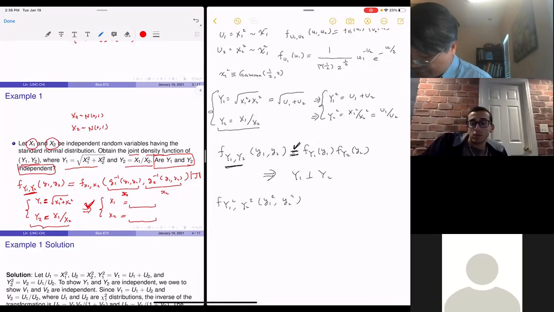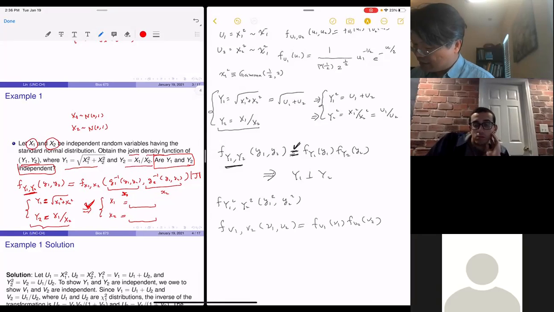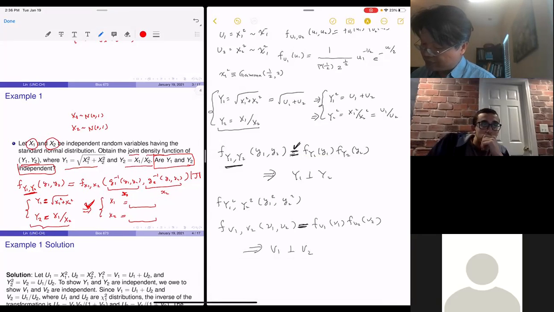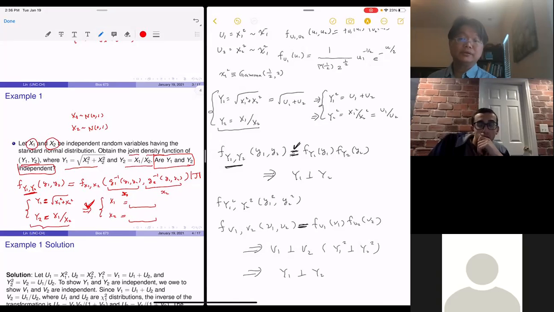If V1 is Y1 squared and V2 is Y2 squared, and I can somehow show V1 is independent of V2, that would also tell me Y1 squared is independent of Y2 squared, which also implies Y1 is independent of Y2.